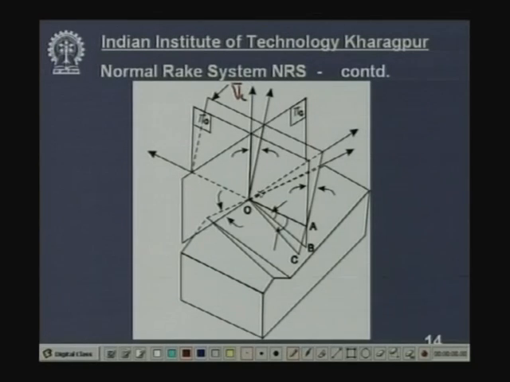This one, and this is the cutting plane, this is the orthogonal plane, this is pi c, and this is the y-o axis, this is the x-o axis, and this is the z-o axis. Now, this is the orthogonal plane.